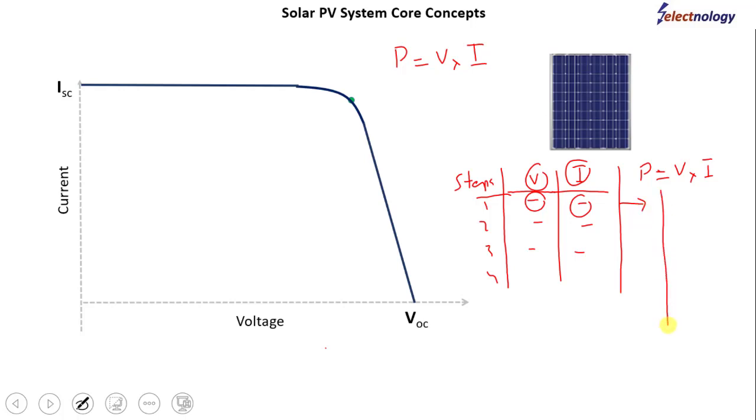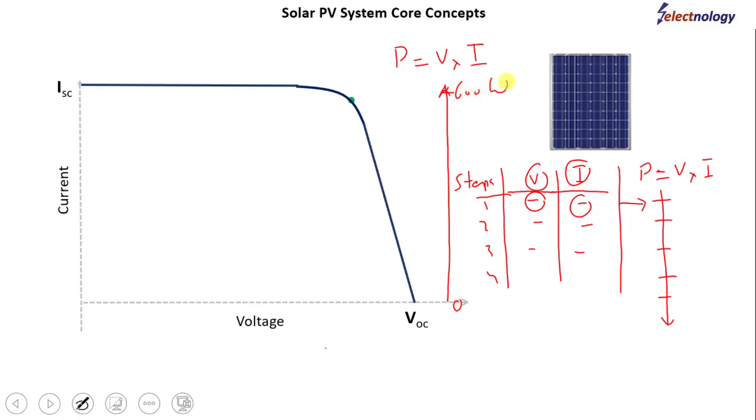Once the values for the power are received for each step, we can draw a graph. Let's suppose we have another axis here for the power, and let's say the values of the power range from 0 to 600 watts.